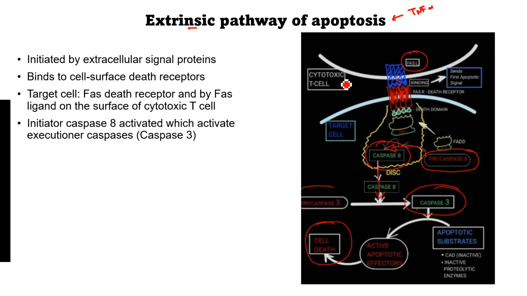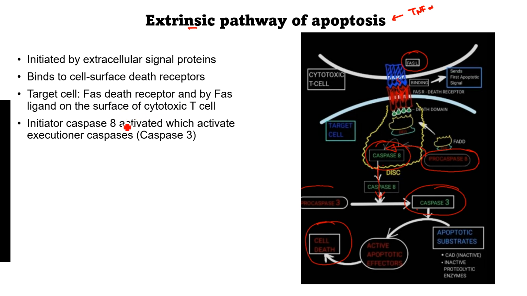The cytotoxic T cell having this Fas ligand will bind to the Fas receptor present on the target cell, and a cascade of reactions will take place one by one. Initiated by the extracellular signal protein, it binds to the cell surface death receptor.